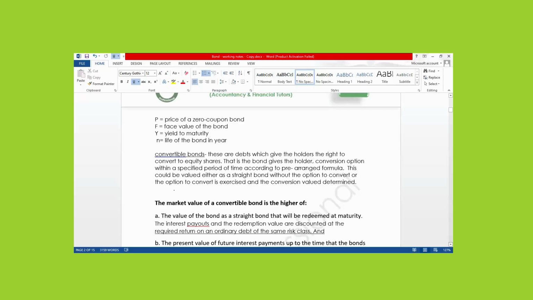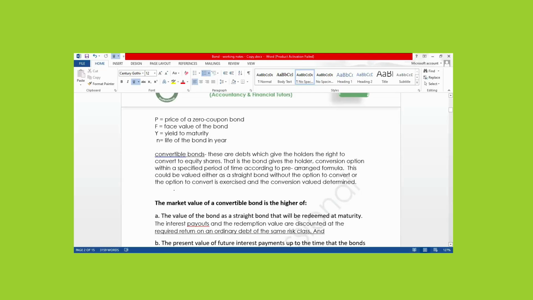In that case, the price of the convertible bond will be calculated as present value of the expected future cash flows from the convertible bond.